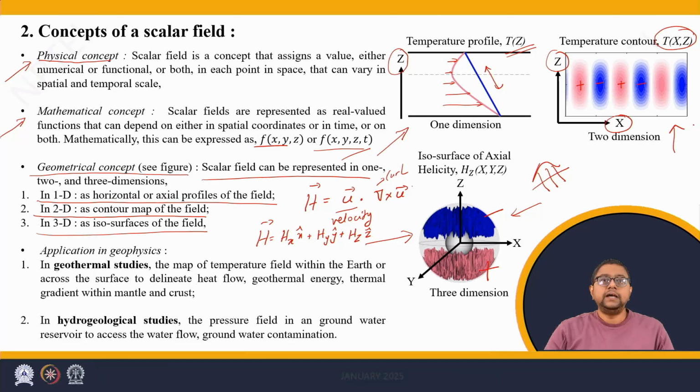For example, in geothermal studies, the map of the temperature field within the earth and at the surface is represented using scalar fields. Using that, the heat flow, energy and thermal gradients within the mantle and crust can be easily depicted and further analyzed for better understanding.